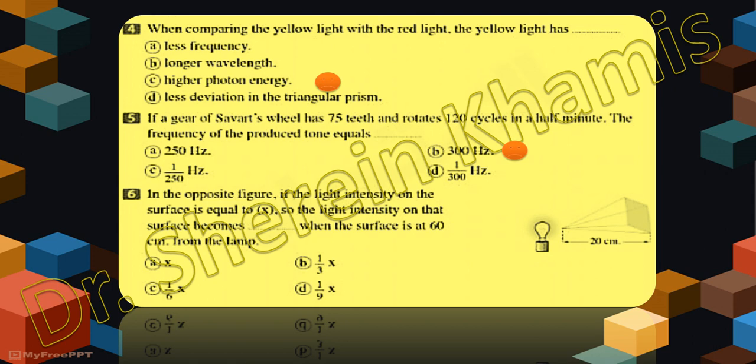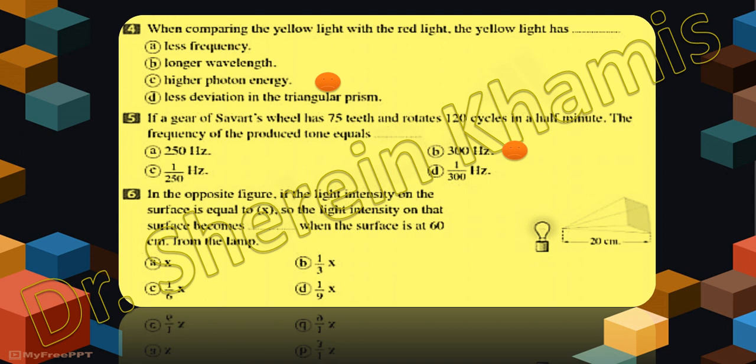Okay, let's go to question 6. In the opposite figure, if the light intensity on the surface is equal to x, what does the light intensity on that surface become when the surface is at 60 centimeters from the lamp? Okay, if we suppose that we have a distance from the source of light, and we increase the distance to 60, so we have the distance power 2.